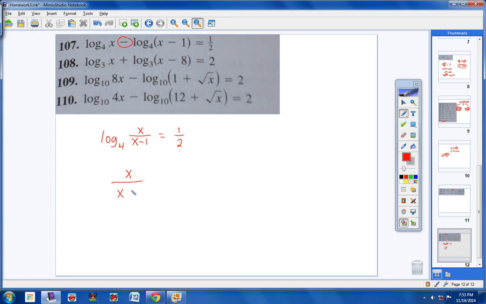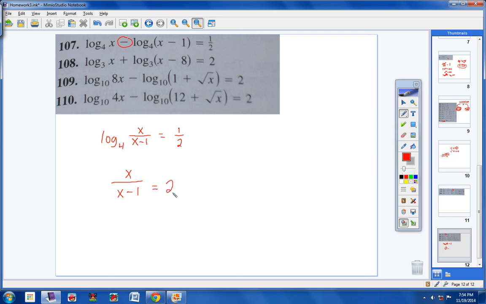Next, we're going to write it exponentially. Okay, like this. And now, guys, real quick, 4 to the 1/2 just means square root of 4, which is 2. So I'm going to very quickly make this easier and call that a 2.